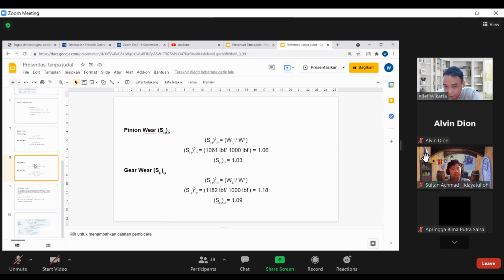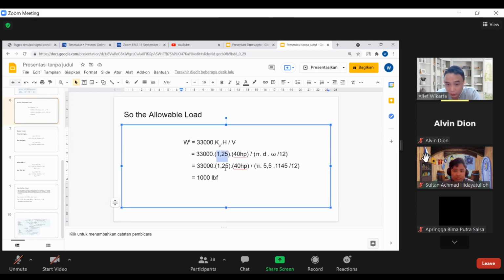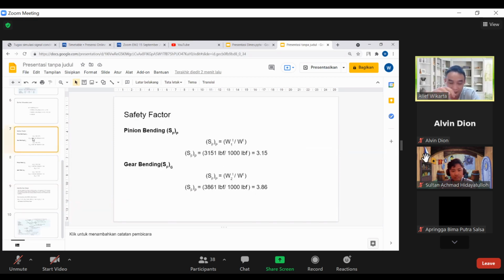Will be higher. No, smaller. Without KO, it will be smaller, because it is in the denominator, right? At the bottom of the equation. So then your safety factor will be higher, right?